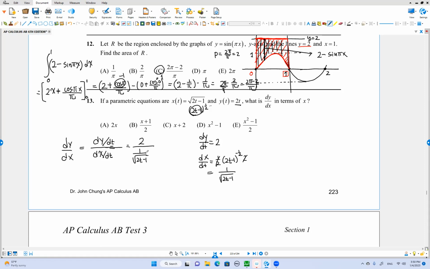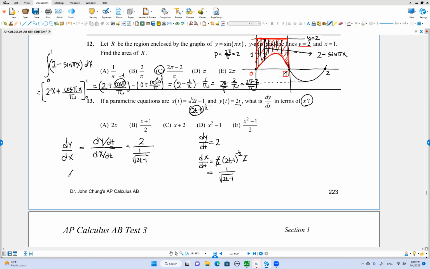But we're going to solve this in terms of x. So what is t in terms of x? Can you find the formula? This is a little bit more work, right? This is in terms of t, but we need to find it in terms of x.